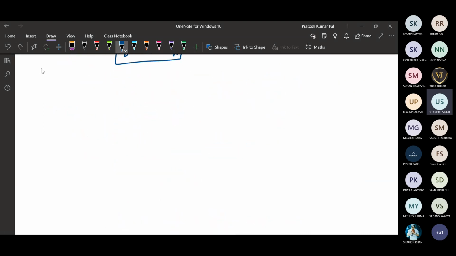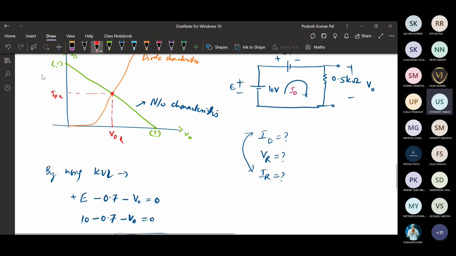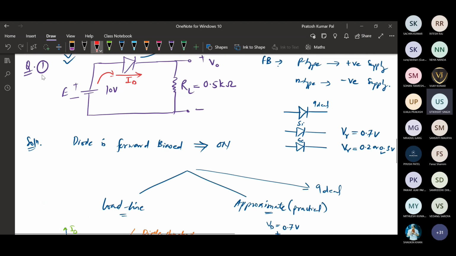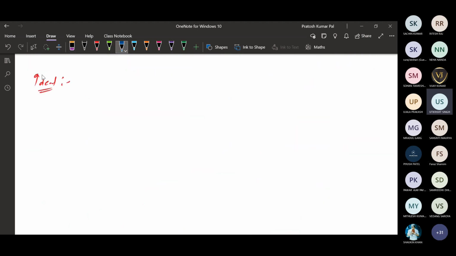Now another case: suppose this diode is ideal. In that case, what will be the equivalent circuit? If the diode is ideal, that means it is forward bias.